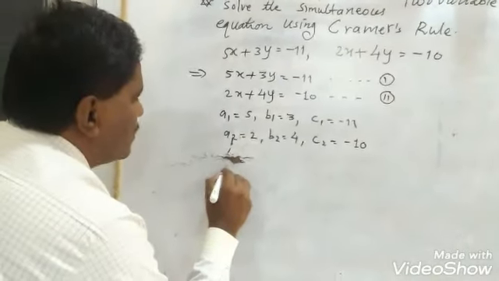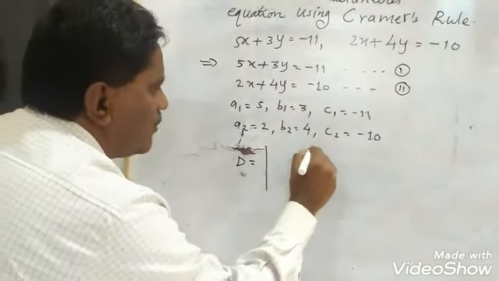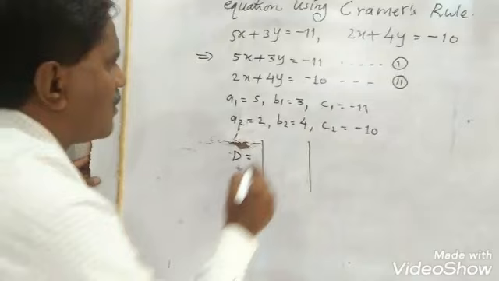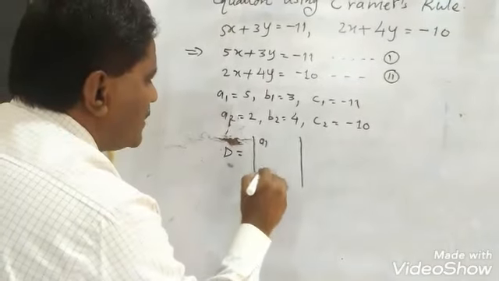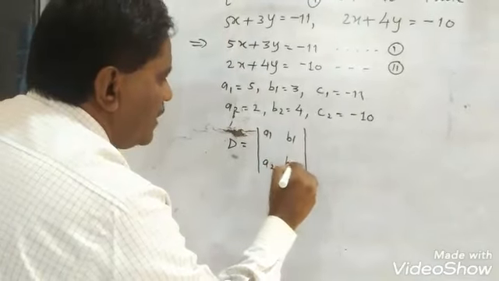Then D is equal to determinant of order 2, that is a1, a2, b1, b2.